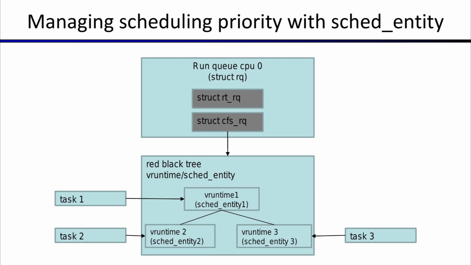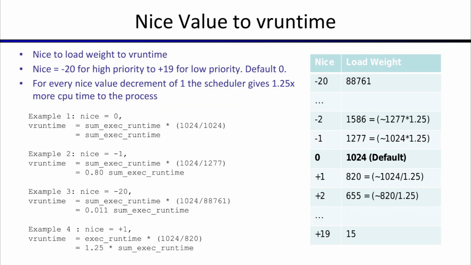So the scheduler actually is maintaining these data structures and finding out the lowest V runtime among all the tasks that need to be run, and is giving the chance and opportunity to that task to run. This is how it accomplishes finding out which task should get the CPU, and it is fair in the allocation of CPU among all tasks based on the load weight that is provided to the task.